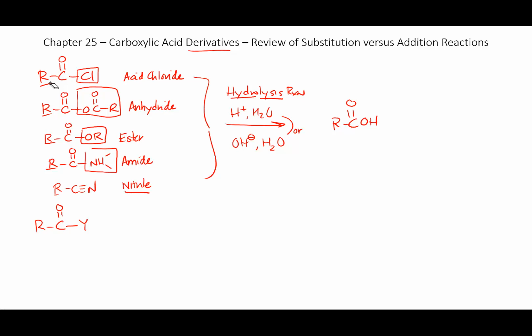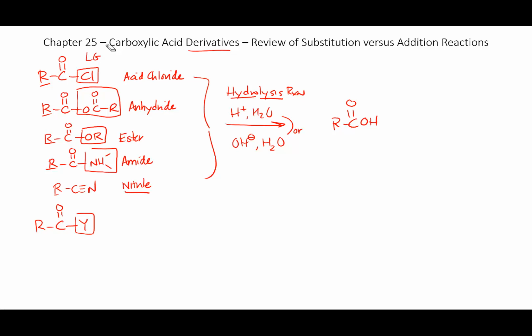But a carboxylic acid derivative has a Y group attached to the carbon. What's characteristic of all of these groups? The characteristic of all of those groups in the boxes is that they could, and I'm going to use the word could, be a leaving group.